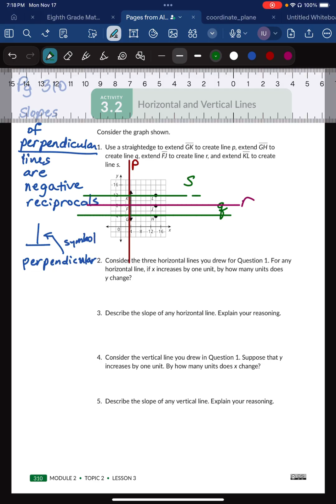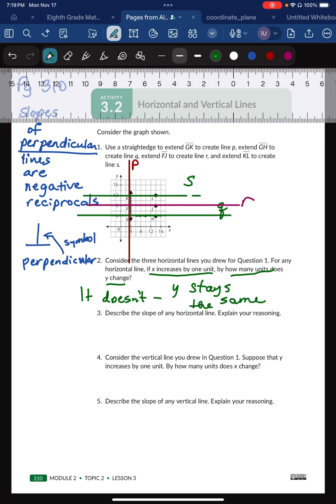For any horizontal line, if x increases by 1 unit, how many units does y change? Well, it doesn't, does it? If x increases by 1 unit and just moves over, y stays the same.